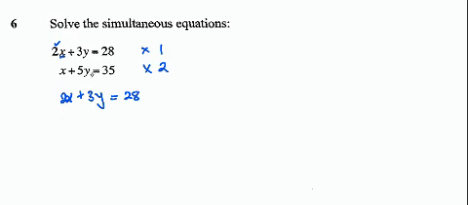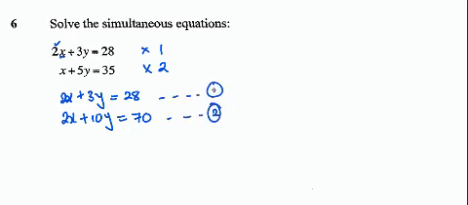If you multiply equation 2 by 2, here we're going to have 2x, 5y times 2, that's 10y, equal to 35 times 2, that's 70. Now we can subtract. This is my equation 2, this is my equation 1.